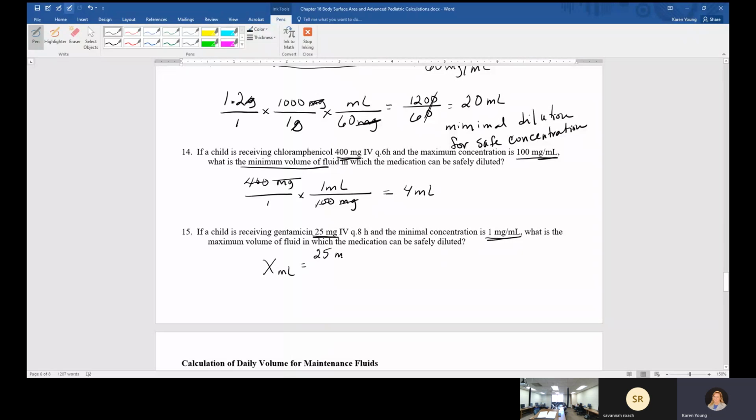So it's just my 25 milligrams, my doctor's orders over 1, times, oh, this one's backwards. This is my minimum concentration, and it'll get me my maximum volume, where before I had my maximum concentration and got my minimum volume. So 1 milliliter per 1 milligram. My milligrams cancel, and I get 25 milliliters. So I've got a maximum volume there.